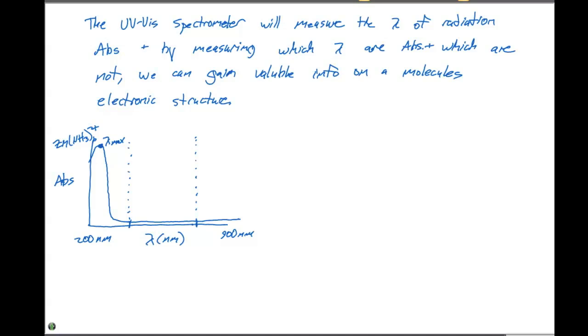If instead of looking at the zinc 2+, we look at cobalt 2+, again we have the same type of plot, where we have wavelength in nanometers on the x-axis and absorbance on the y-axis. We go from 200 nanometers to 900 nanometers, and we're going to partition off the visible portion of the spectrum.